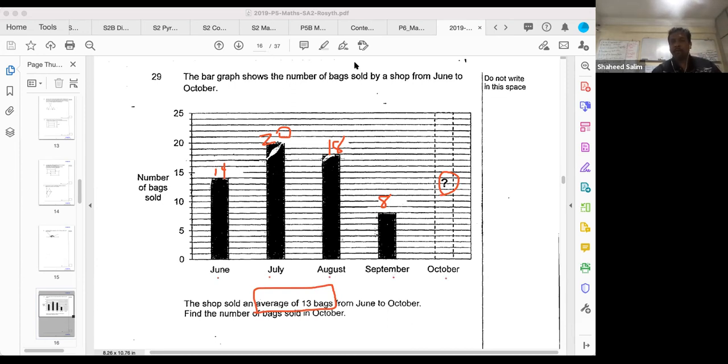Oh, very fast. Let's see whether you're correct.